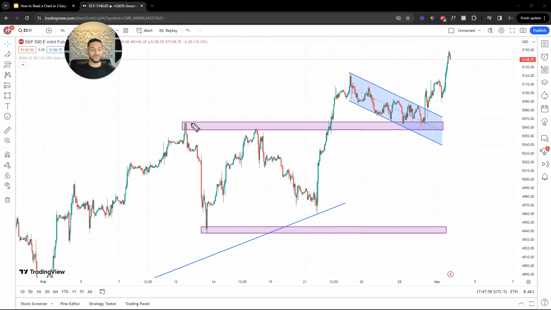We identified really important levels of support and resistance. We identified how price, after it breaks a level, will come and retest it. We talked about the channels that get formed as well. That gave us an indication of continuation. And that's essentially how you read a chart. It's very simple. I think people overcomplicate it. If you know the basics, the 3 steps, that's it.